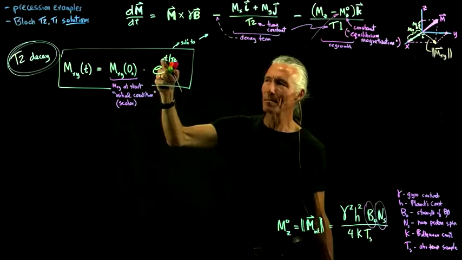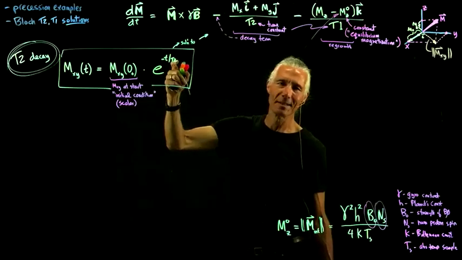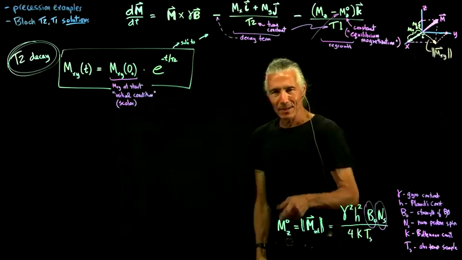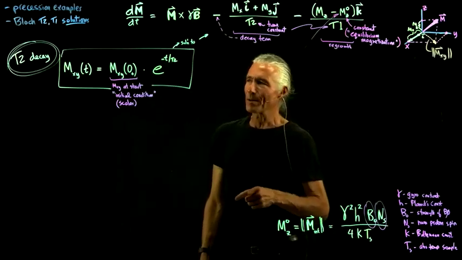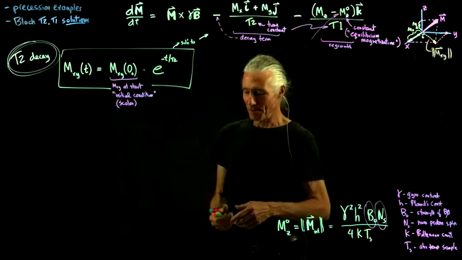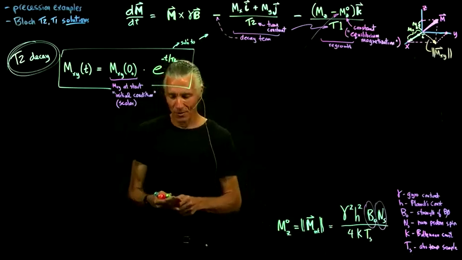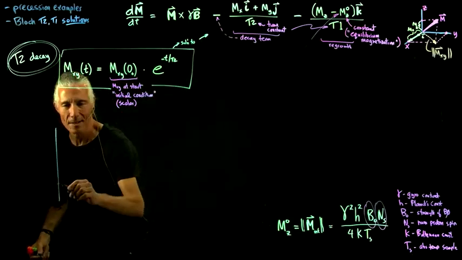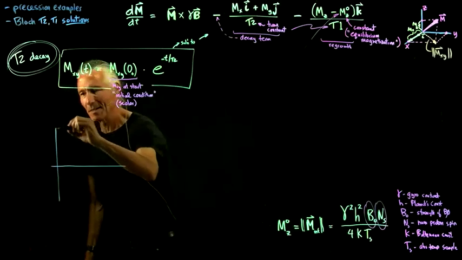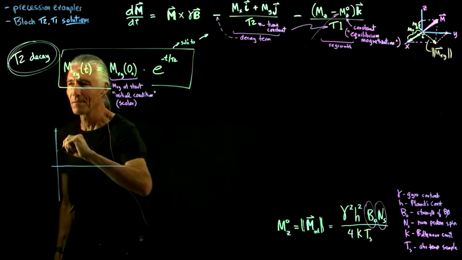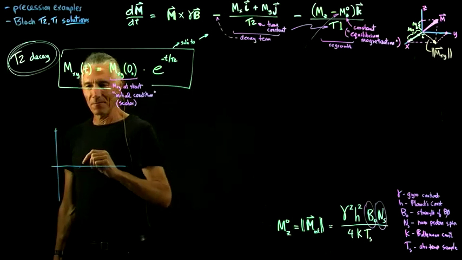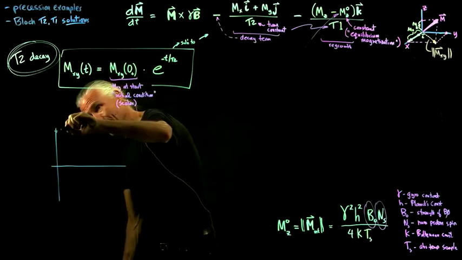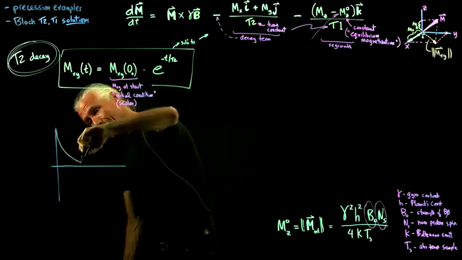Whenever you see e to the minus variable, not squared, just e to the minus variable, what you should think of is something that looks like this. It starts at 1, and it falls off like that.